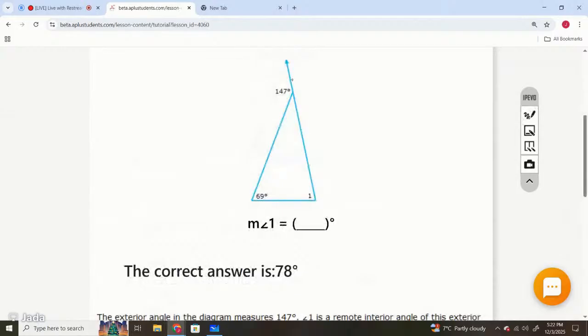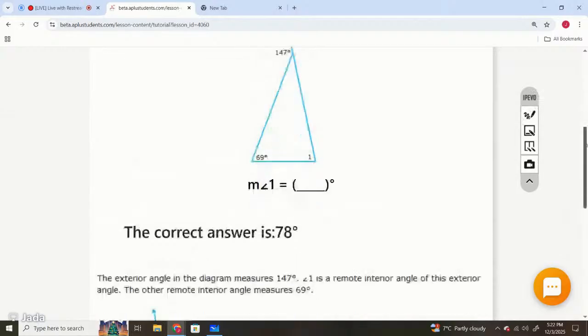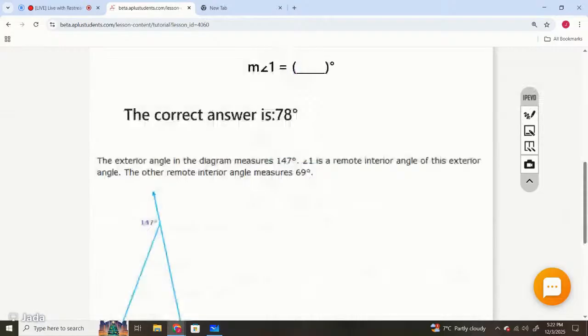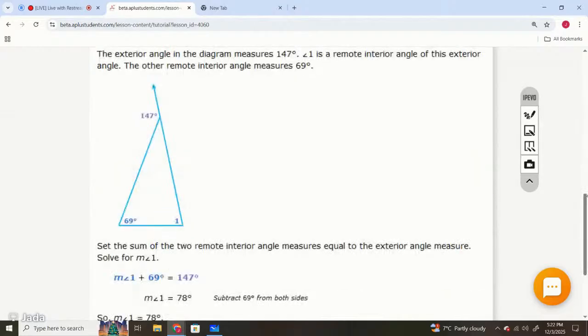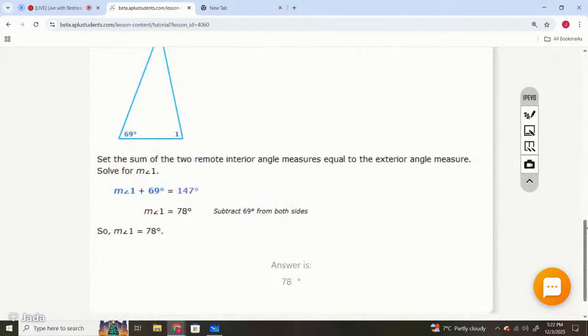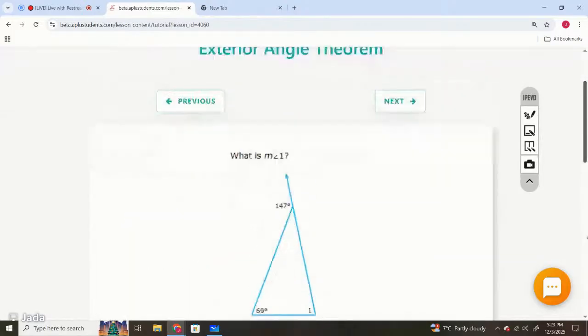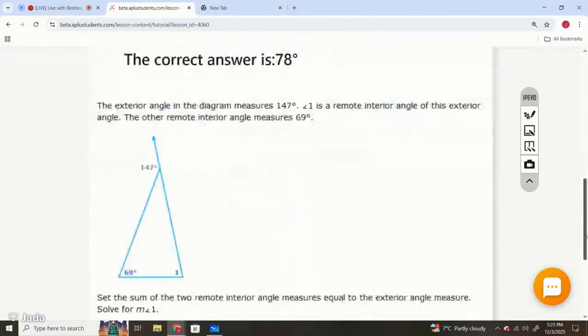So this is the exterior angle that measures 147 degrees in the diagram. Angle 1 is a remote angle of the exterior angle. The other remote angle is 69. We need to calculate, so the measurement of angle 1 plus 69 is equal to 147, because 147 is the exterior angle, right?